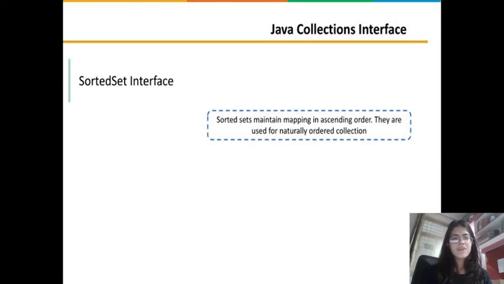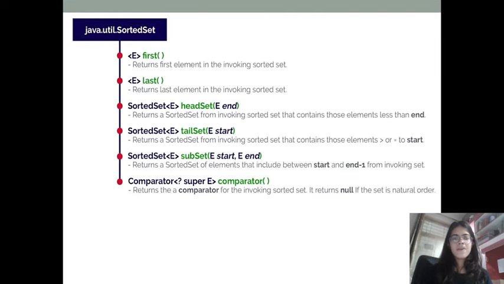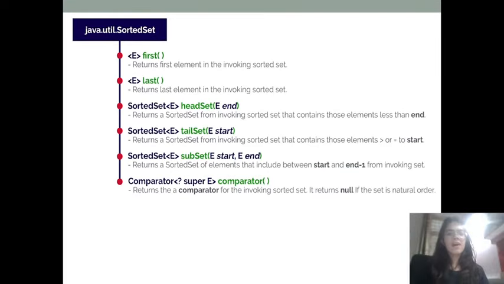So let's see what the sorted set interface is. Sorted set maintains its elements in ascending order. They're used for naturally ordered collections. Some of its methods are first, which returns the first element, and last, which returns the last element of the sorted set. Then head set returns a sorted set from the invoking sorted set that contains those elements less than end.